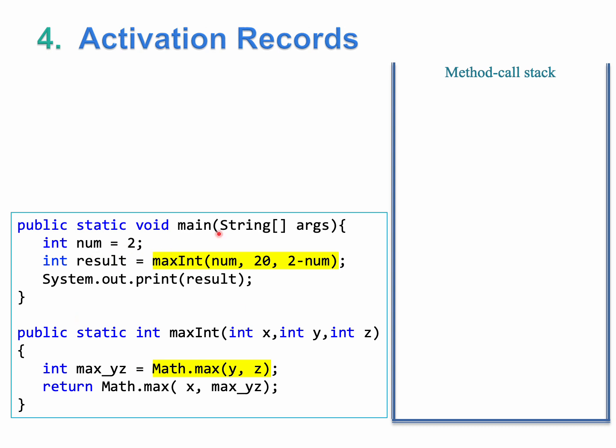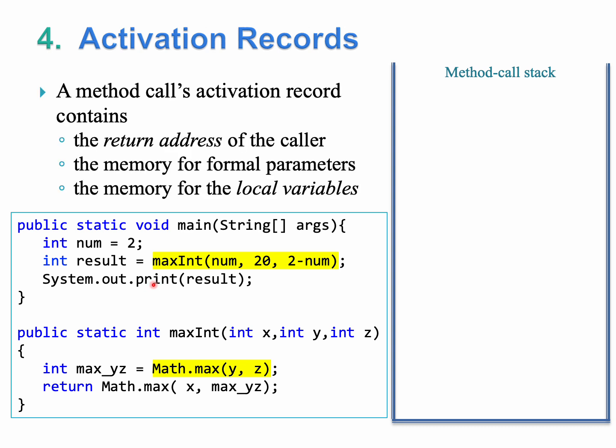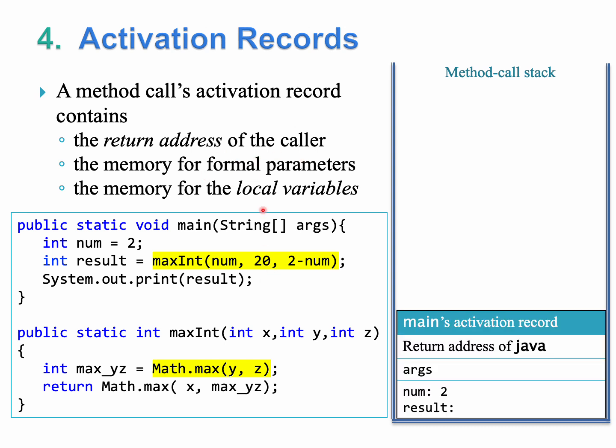When this program executes, the Java command of the JDK invokes the method main. Then the activation record of the main method is created and pushed onto the stack.